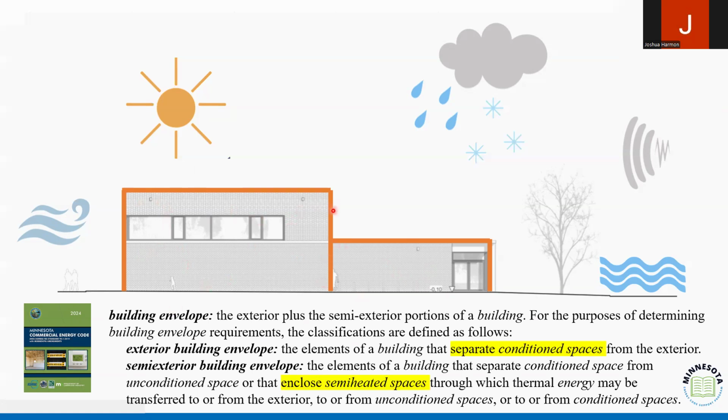They're not fully conditioned, but their main office area is conditioned. So it's really about identifying where we need to have these isolations between our conditioned and our semi-heated spaces. The determination of whether or not something is unconditioned defers to the building official to determine what those separation expectations are.